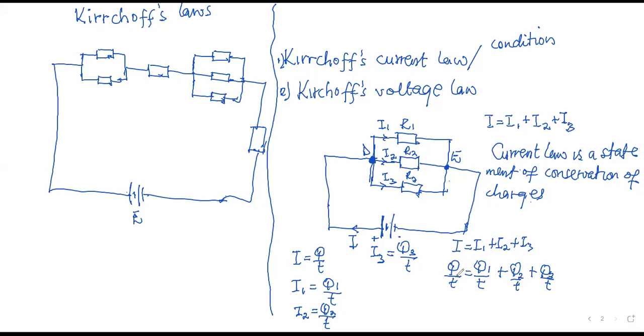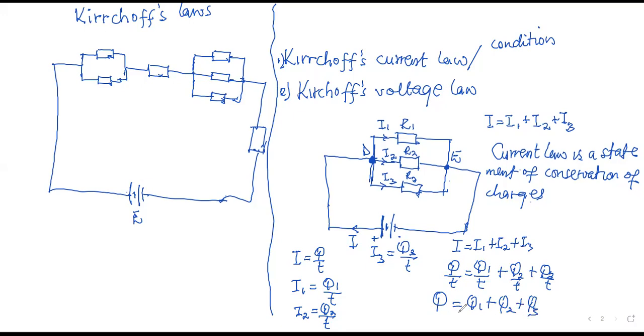Charges move or flow at the speed of light, so they travel at the same time. So T at the source, T entering, as charges flowing to each of the resistors is the same. Therefore, the time will cancel out. So we have Q is equal to Q1 plus Q2 plus Q3.